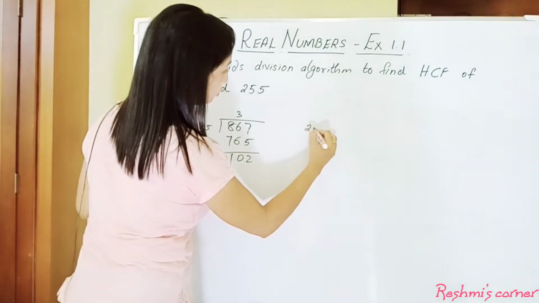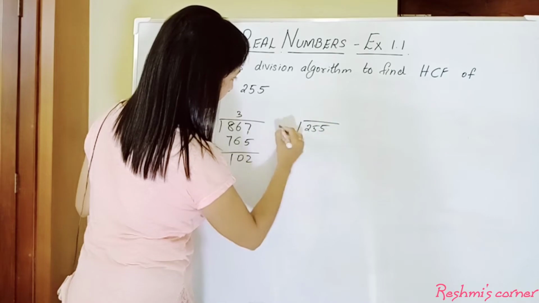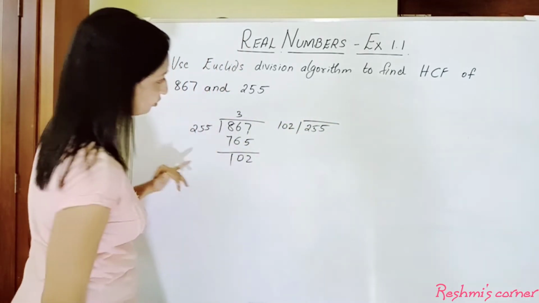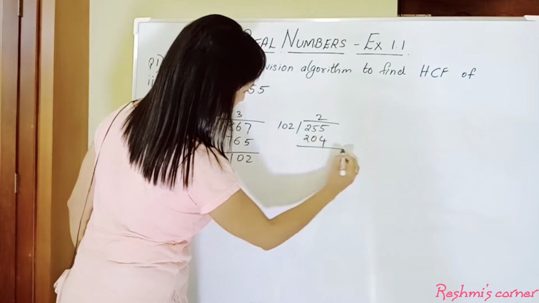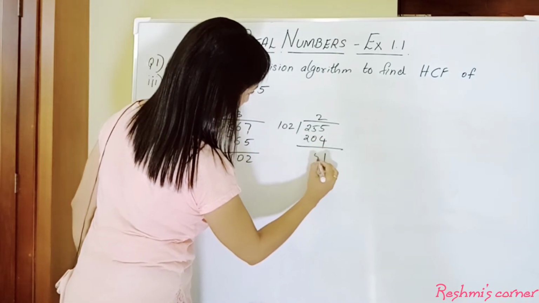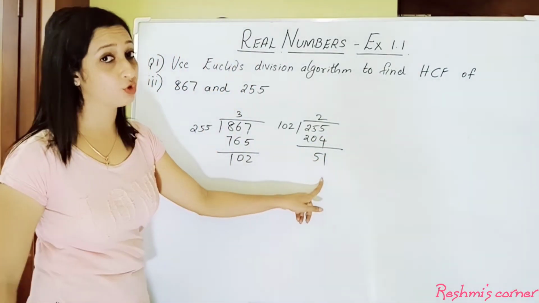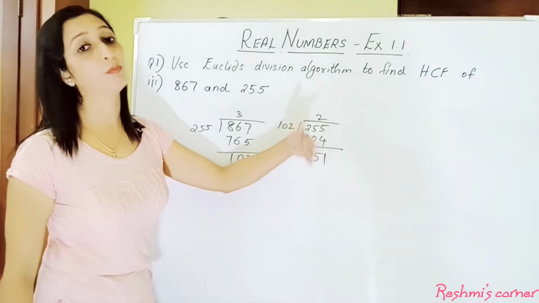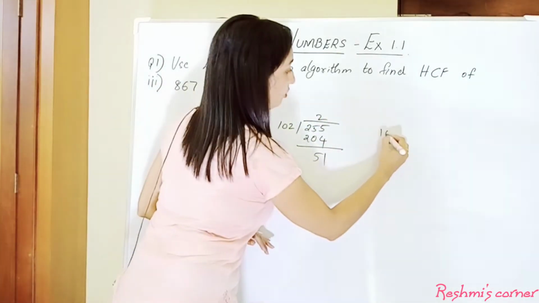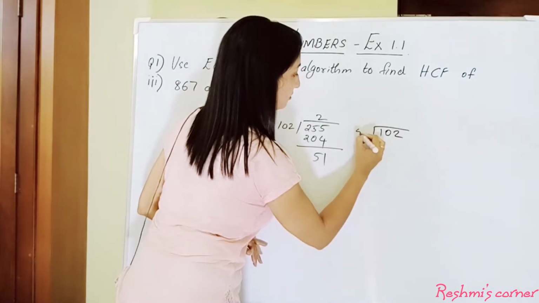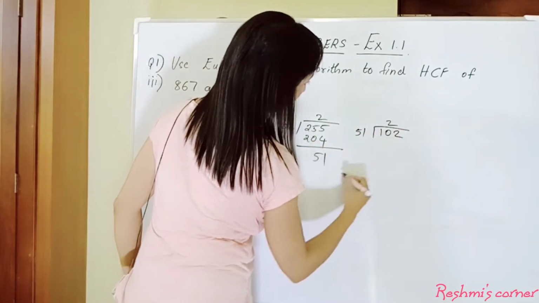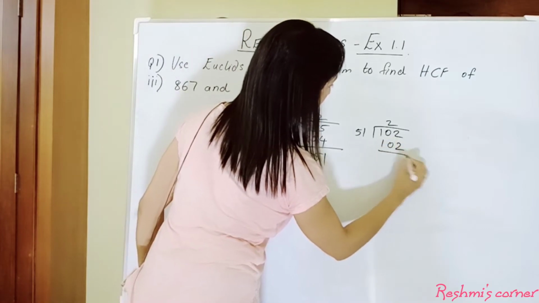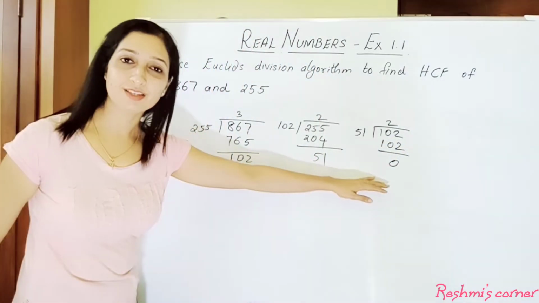So here, 255 divided by 102. 2s are 204. We get the balance 51, which is not 0 again. So we perform the division again. So 102 divided by 51. 51 twos are 102. Here we get the remainder 0.